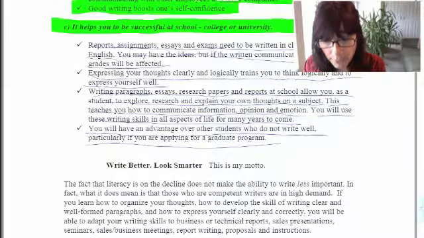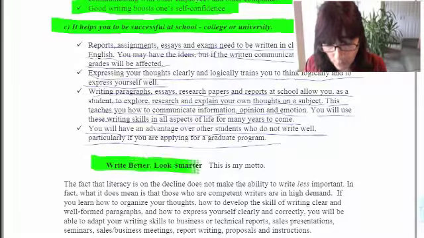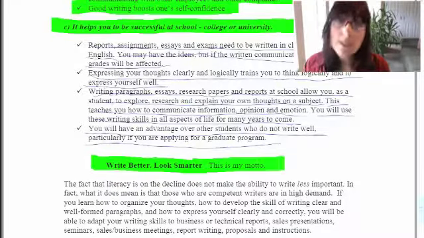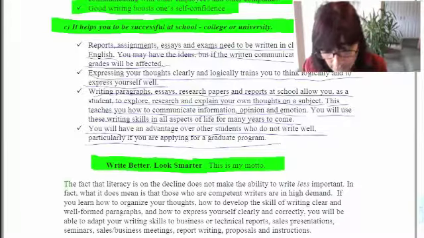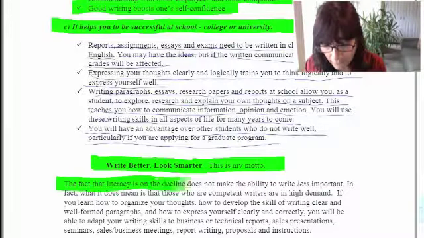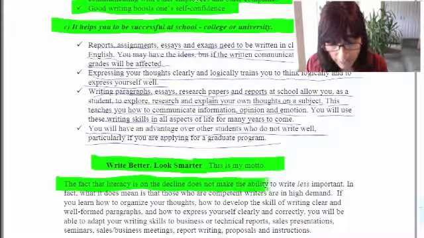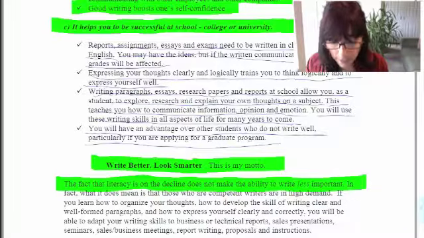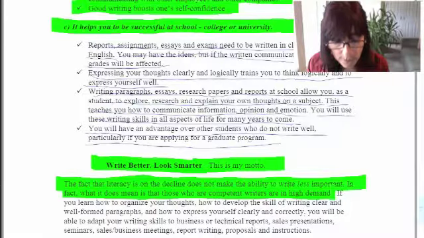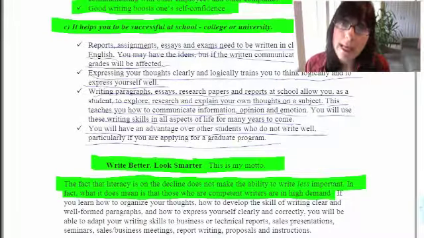Now, my motto for my website is write better and look smarter. And the reason I say this is the fact that literacy is on the decline doesn't make the ability to write less important. In fact, what it does mean is that those who are competent writers become in higher demand.